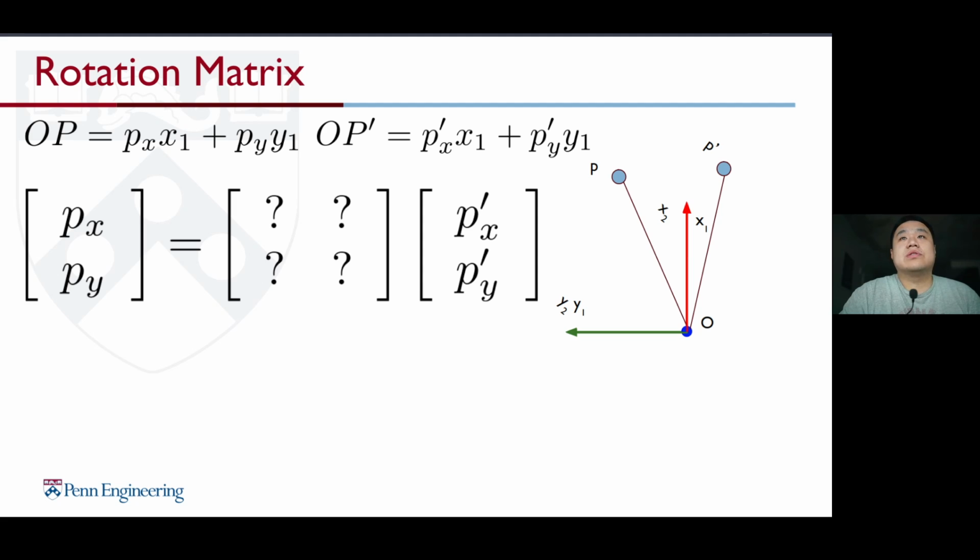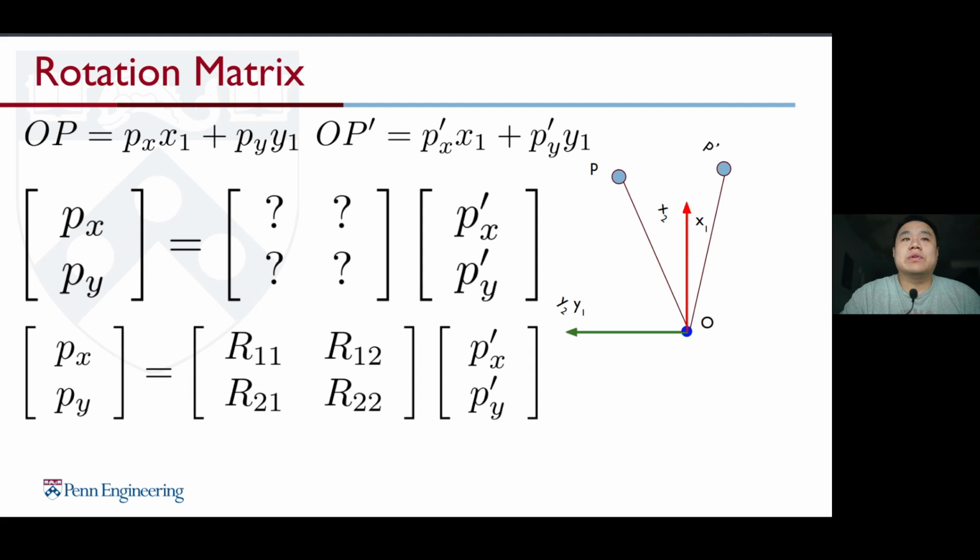And all we need to do is to figure out the relationship between the coefficients, basically px and py, and p'x and p'y. And what is this matrix that's missing here? We'll see later which matrix this will be, as we've seen before.